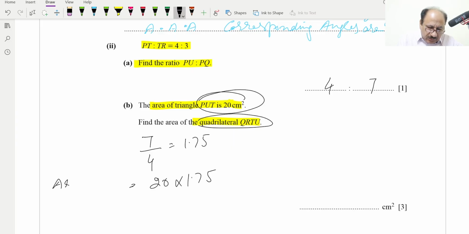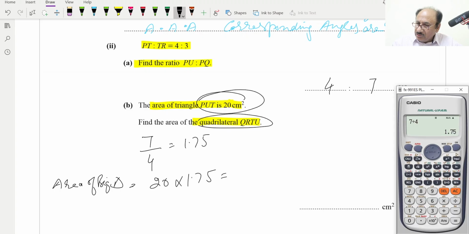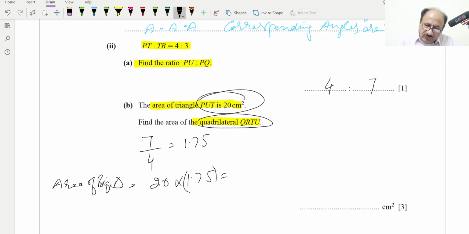We can write area of big triangle equals 1.75 multiplied by 20, which is 35. But basically we'll have to take the square of this. Why are we taking the square? Because this is the length ratio, and we have to use the area ratio, so we will be taking the square of the ratio.